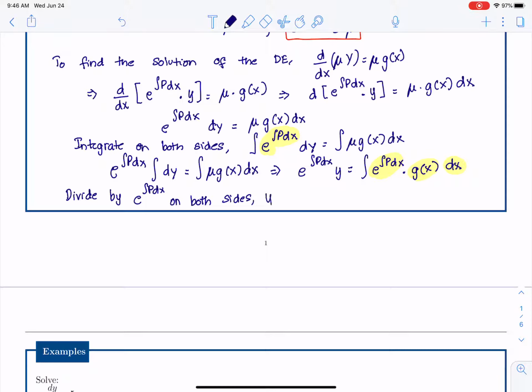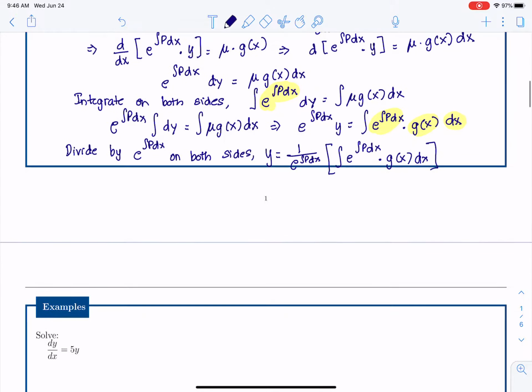We will get y equals 1 over e raised integral p times dx, and the entire right hand side integral of e raised integral p dx times g of x times dx.